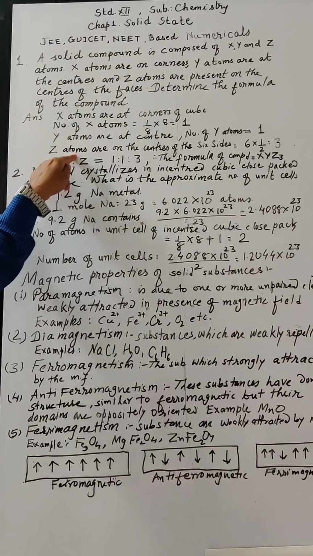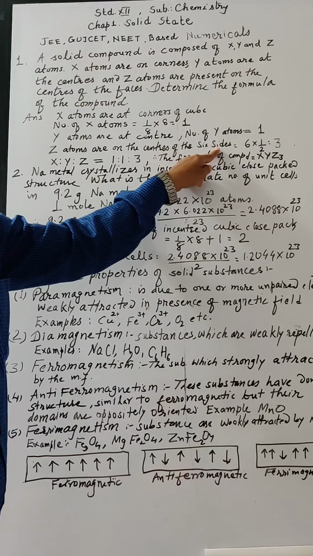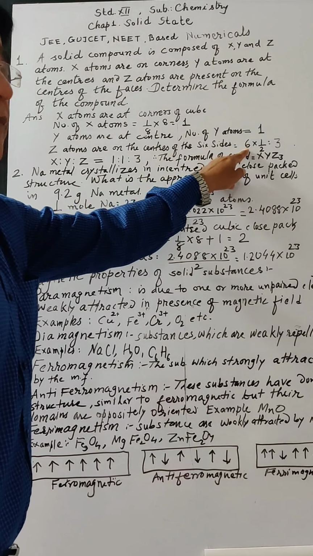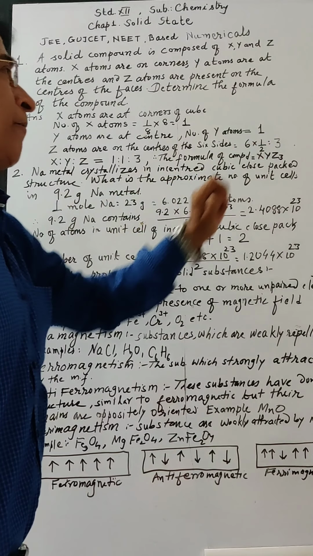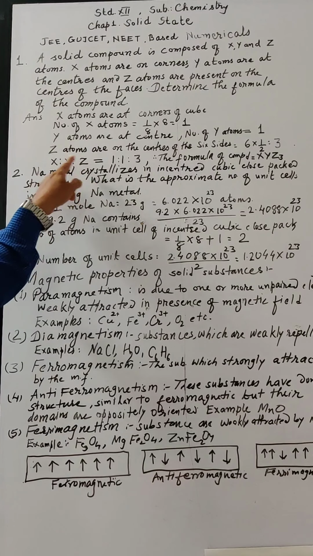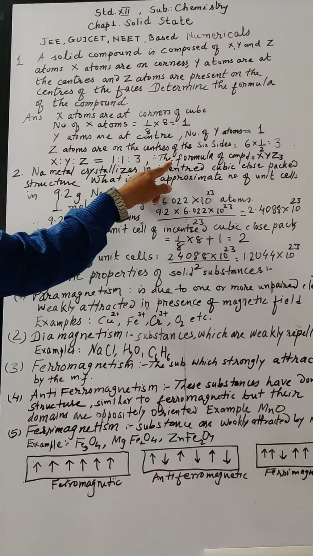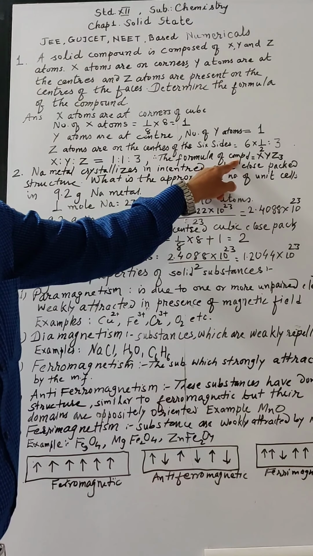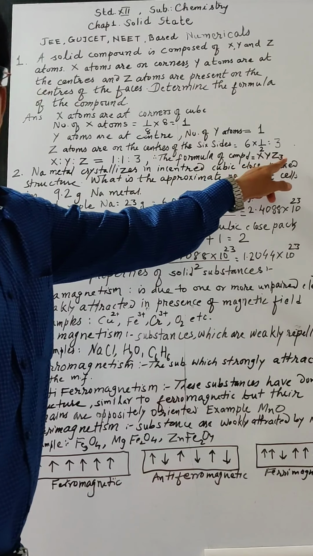Z atoms are on the centers of the 6 sides, means 6 multiplied by 1/2 is 3. So, ratio of atoms X, Y, Z is 1:1:3, and therefore the formula of compound is XYZ3.